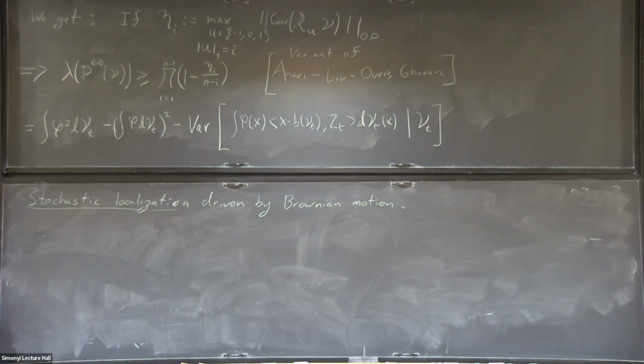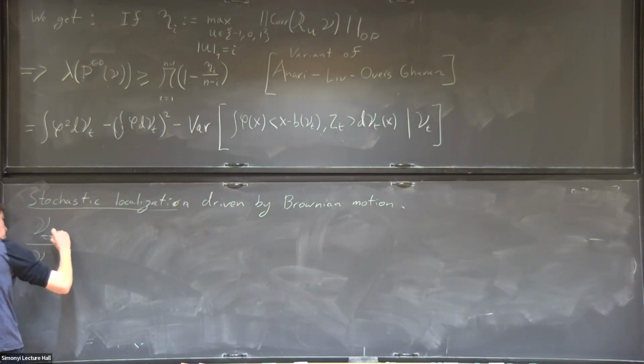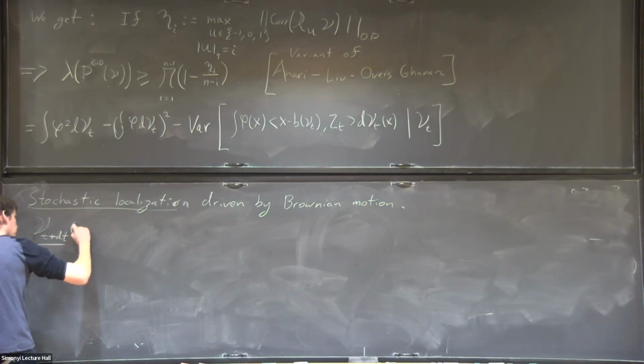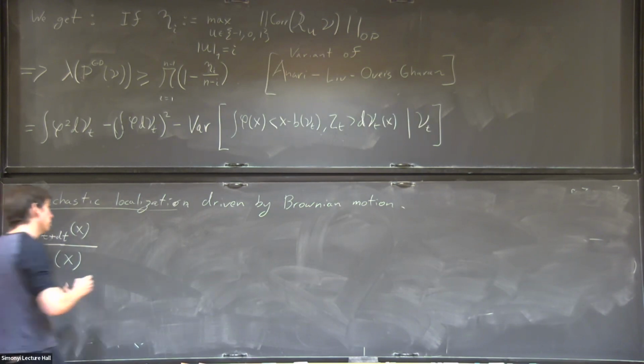It's actually going to be a stochastic differential equation, but I'm going to write it informally because I'm not going to do much with it, just describe what one can do. Before, we had nu_{t+1} over nu_t of x, and now I'm just going to write nu_{t+dt} over nu_t, where you should imagine dt as an infinitesimal increment of time.